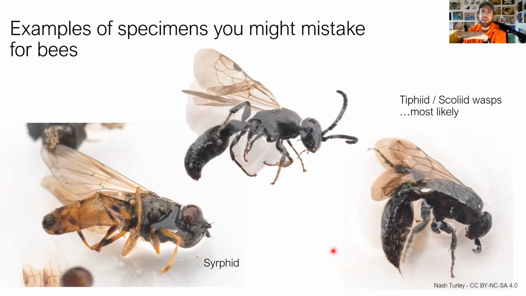But the thing is, if you look at the hairs really close on Nomada, for example, they are branched, but they're pretty hard to see. So I think if you look through all those traits and you're familiar now, as you are, with all of the bee genera that exist, you can pretty confidently take wasps like this and not pin them because you know they're not bees. But if you're ever not positive, just pin them.